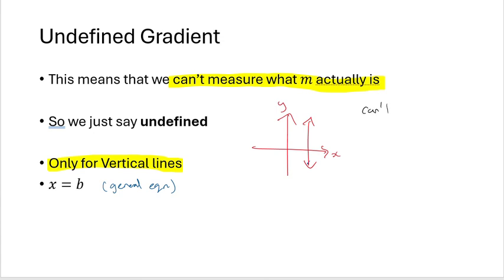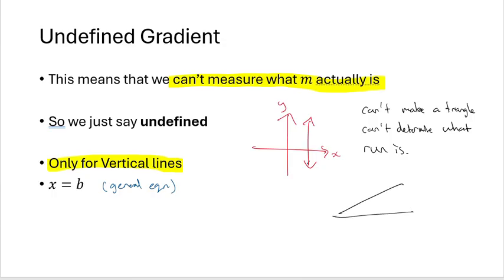So you can't make a triangle, so you can't determine what run is.